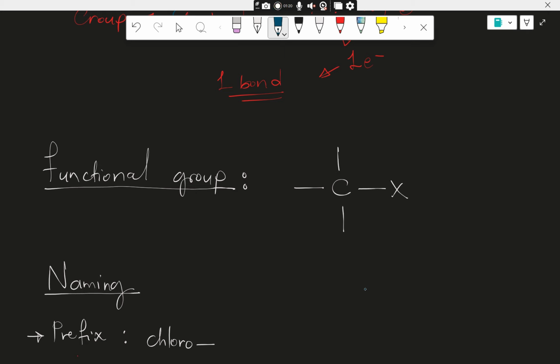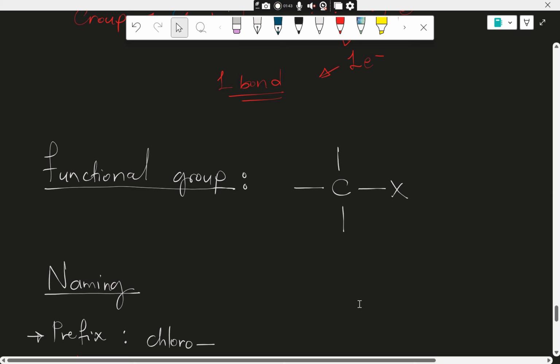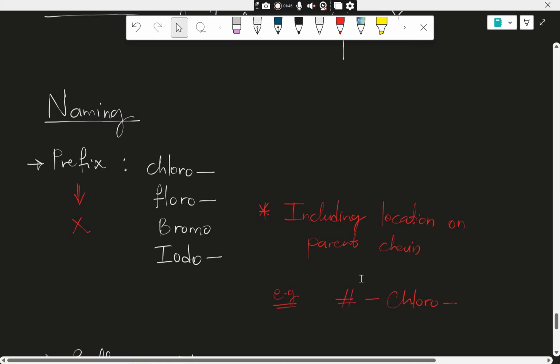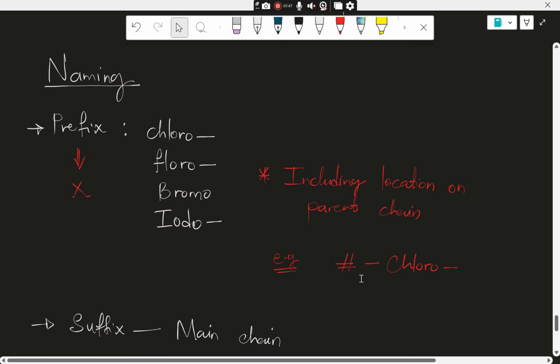That X could be at the top or this side or that side. That's just a functional group, so you see this one, oh, those are halogens. That's the point of a functional group. It also shows that this is a different organic compound compared to alkanes or other hydrocarbons that we have looked at before.